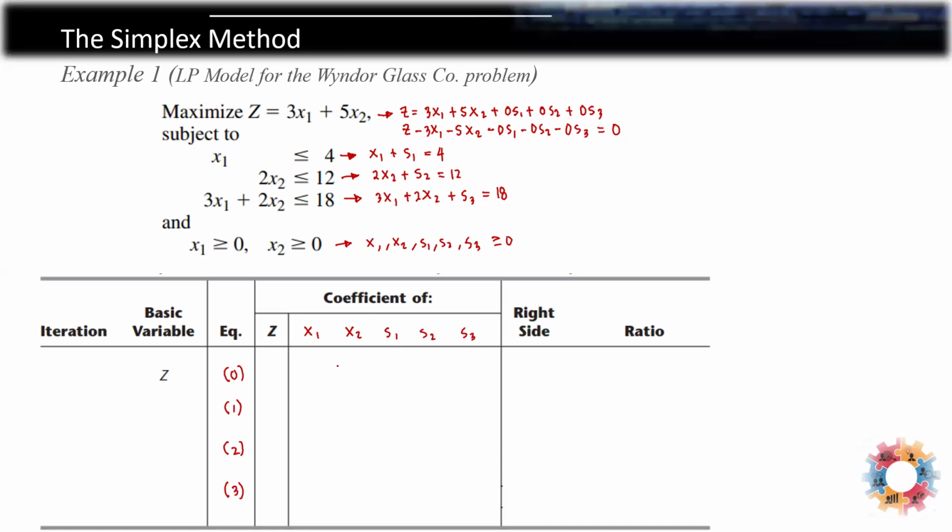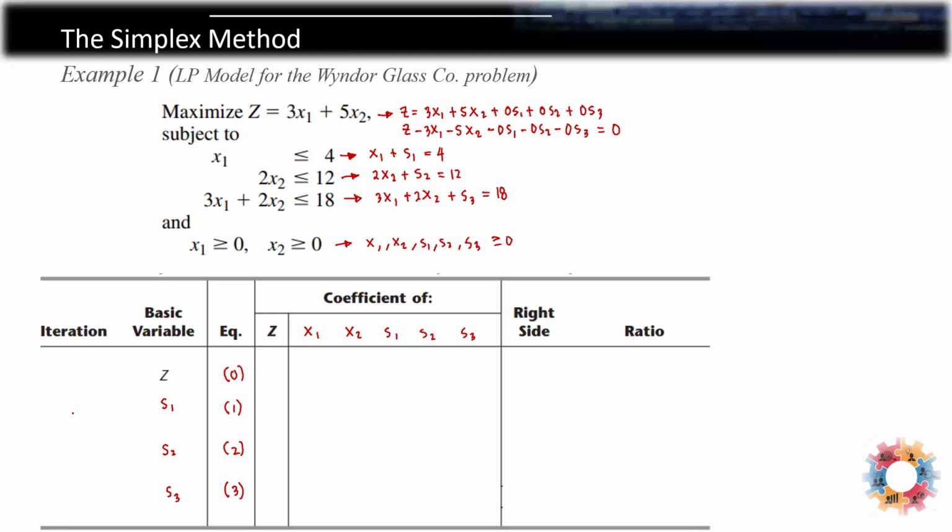s3. And under the basic variable, we enter s1, s2, and s3. And then on this side here, on the very first column, under iteration, you indicate how many iterations you have.